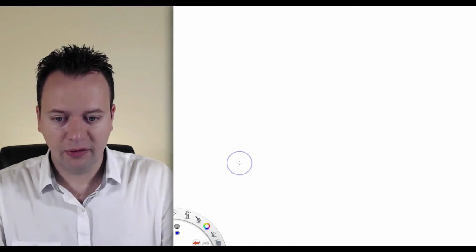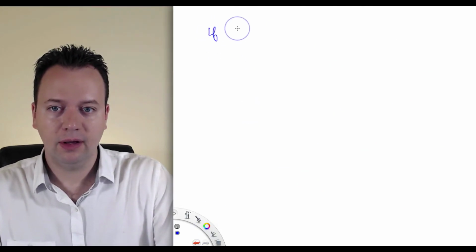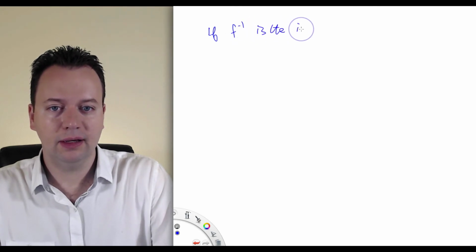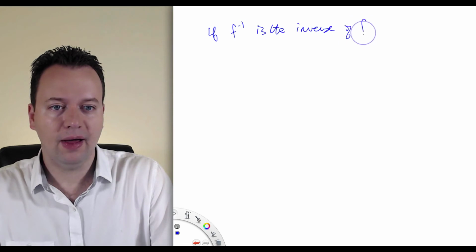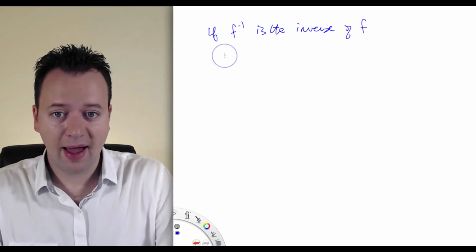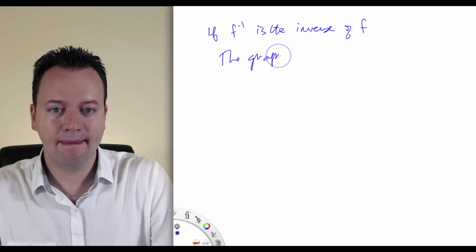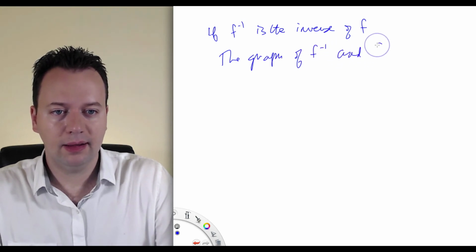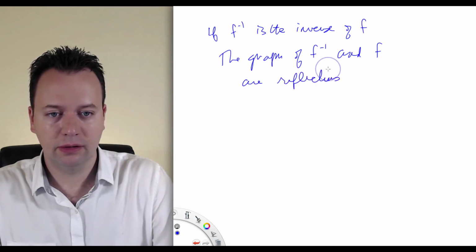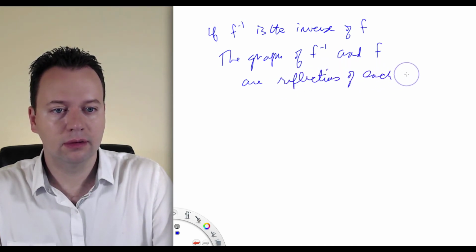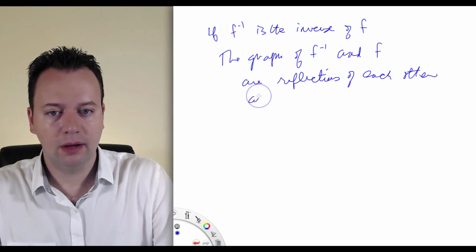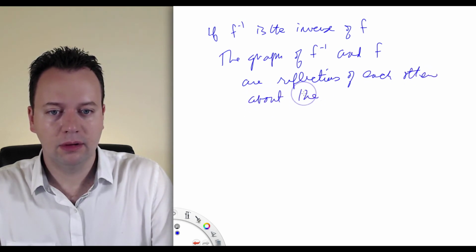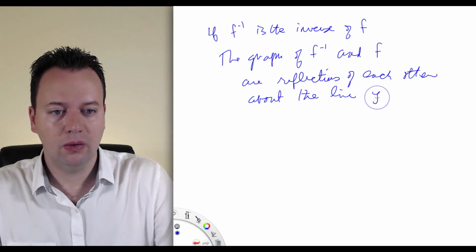So the final thing about invertible functions: if f inverse is the inverse of f, then the graphs of f inverse and f are reflections of each other about the line y is equal to x.